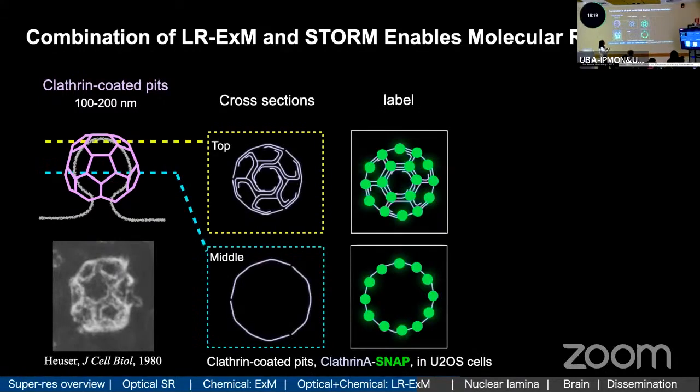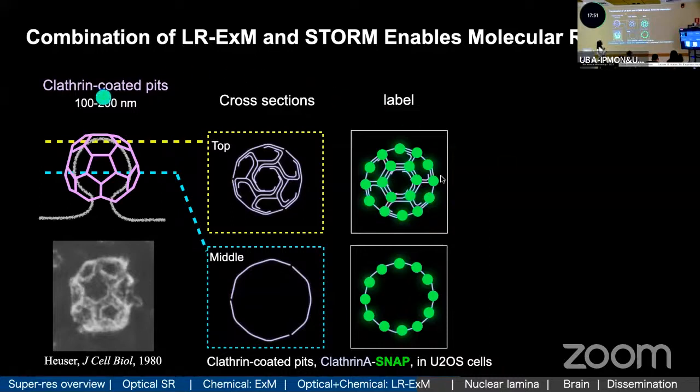If you focus your objective on the top surface of the clathrin-coated pits, and you label, here we label with snap tag on clathrin A, the green dots are where the snap tag should be. So if we reach molecular resolution, we should be able to see single dots forming this array.